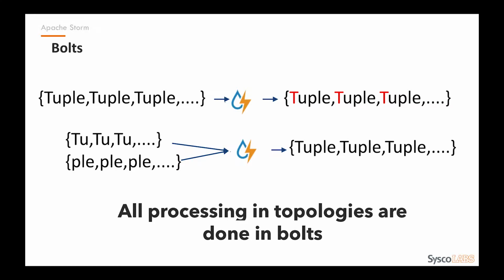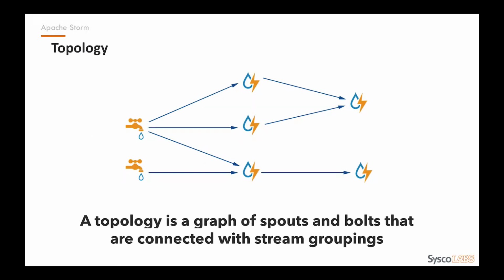That's the transformation we did. And we can do mergers, where we merge two tuples into one. So all processing in topologies is done in bolts. Finally, there is the concept of topology, where we join the spout and then a lot of bolts to create a transformation line which finally will load that data into some other data source.